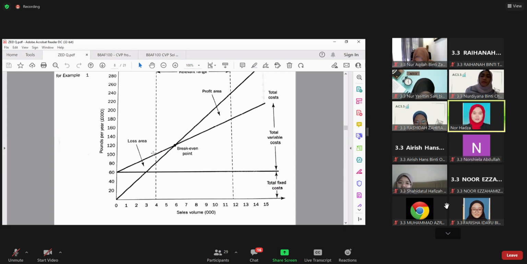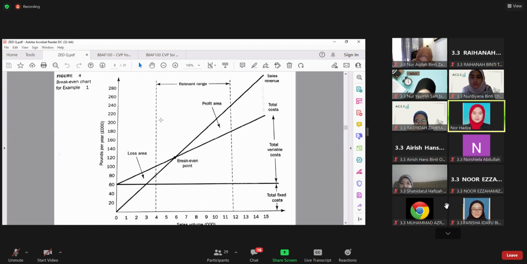These are the figures that you plot on the chart. They will give data for 4,000 units, 5,000 units, up to 12,000 units. So this is what we call the relevant range.